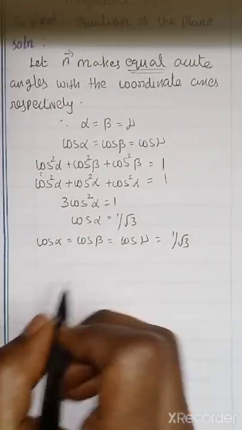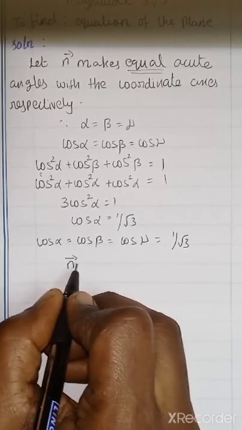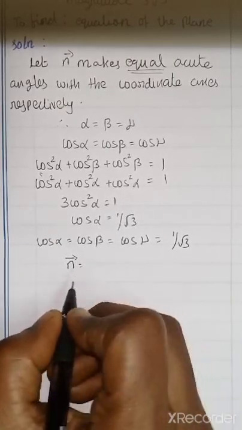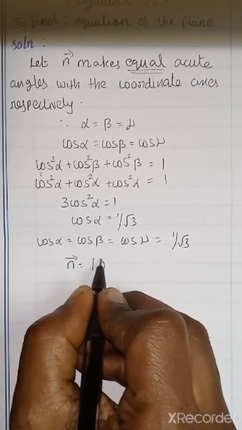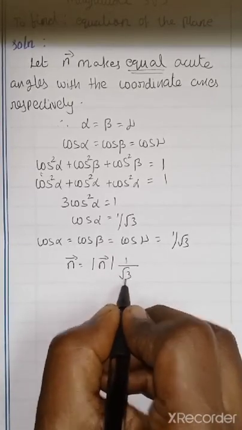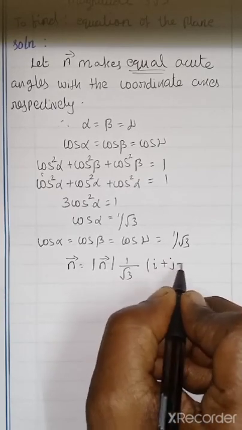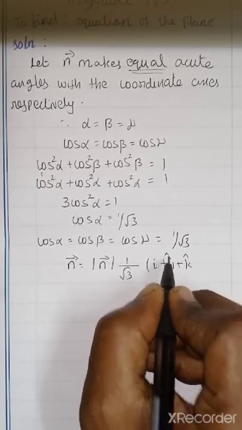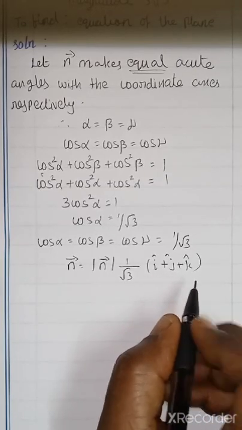So next, we want to find out your n vector. Correct? Since the magnitude is given, you have to take the n vector as mod n vector into 1 by root 3 of (i plus j plus k). Why are we taking that as i vector plus j vector plus k vector?